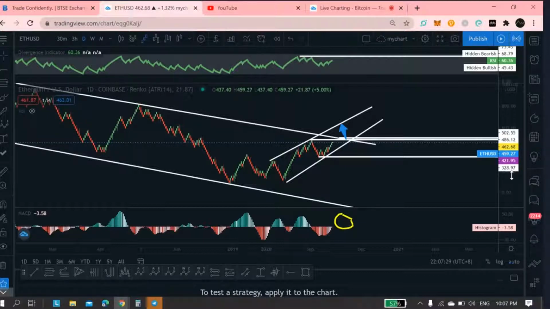And once it breaks that 500 area, Ethereum is already a breakout of the long-term downtrend channel. With that, I'm more bullish after it breaks or reaches 500 area. So let's see how it goes.